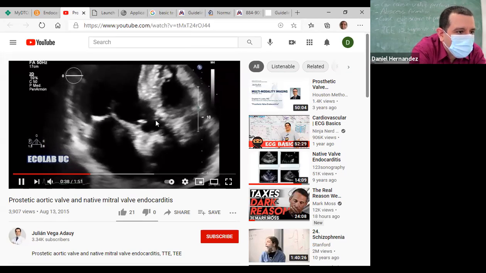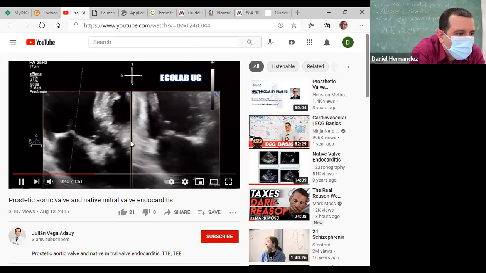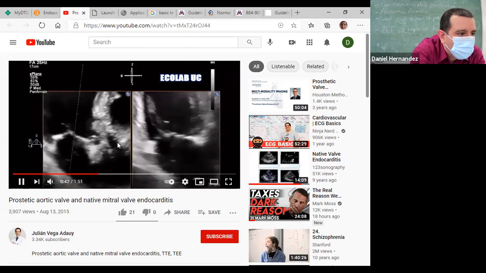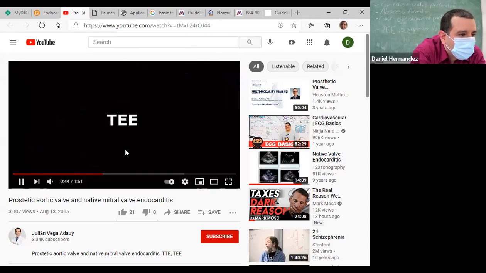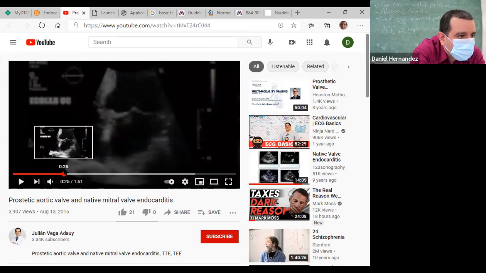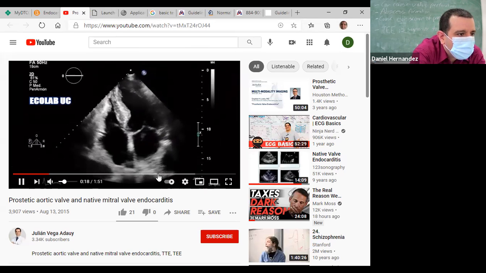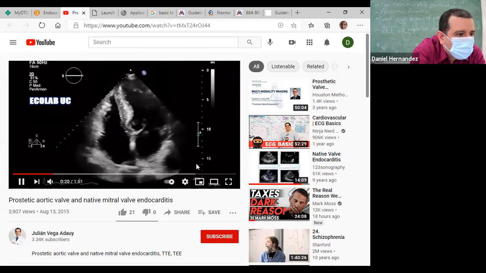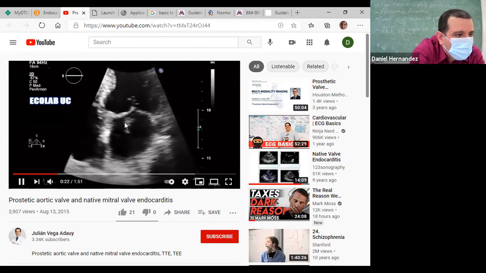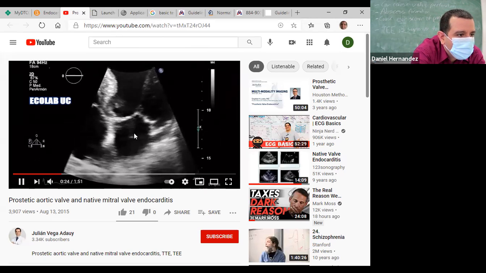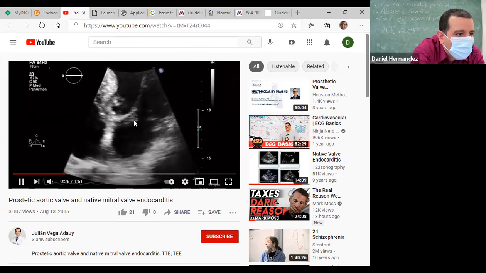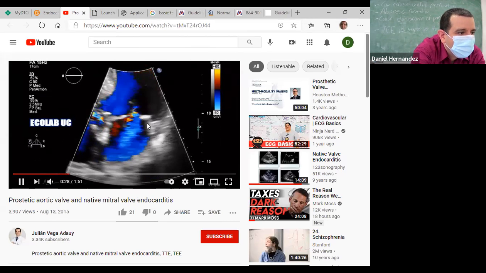So this is a prosthetic aortic valve. So you can see the shadowing actually of the valve. Play that again. You can see on the mitral valve vegetation how it goes up and down, flutters around.